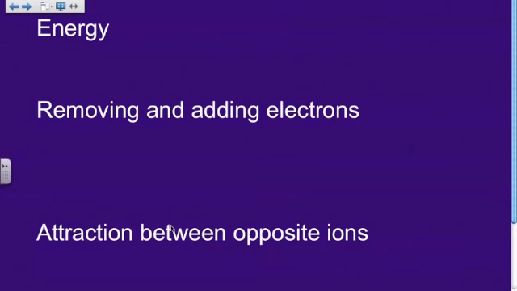Now, earlier we saw that when electrons are taken away, there is ionization energy involved. So there is some energy necessary. If we look particularly at sodium, we can see that it takes 496 kilojoules per mole to remove 1 electron from sodium.